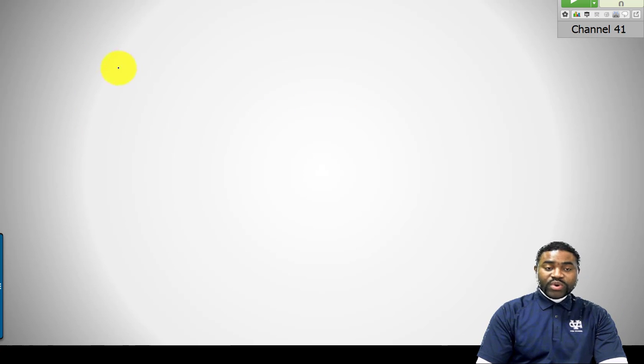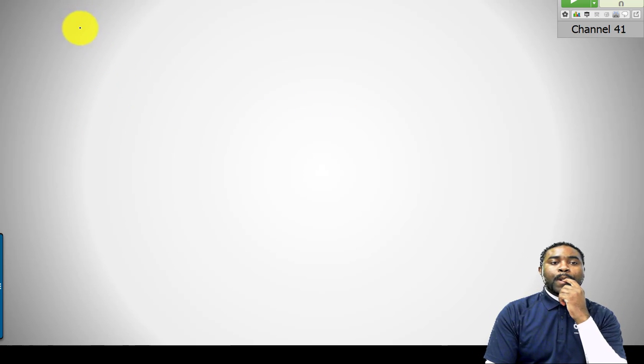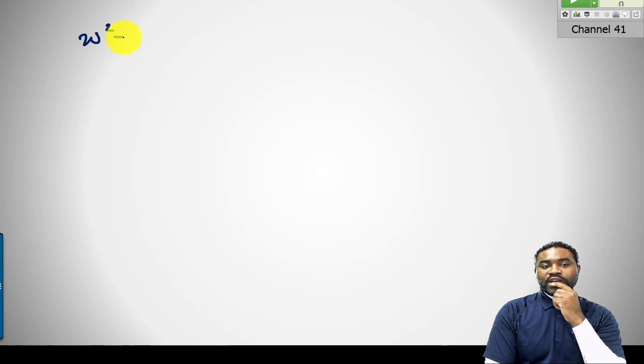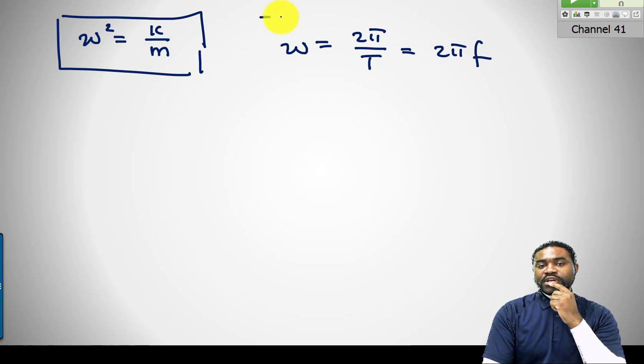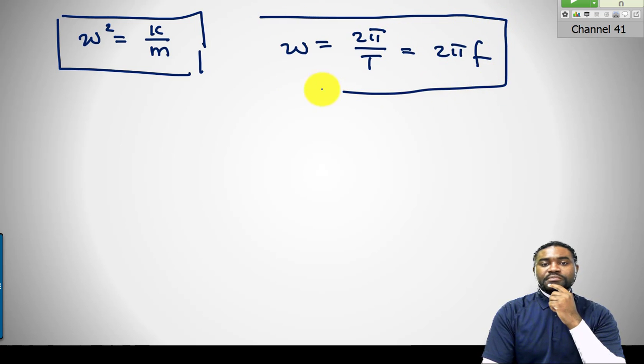Keep in mind that we have said that omega squared is equal to k over m. In circular motion, omega is equal to 2 pi over what? T, which is equal to 2 pi f. Keep this in mind, this is true all the time.